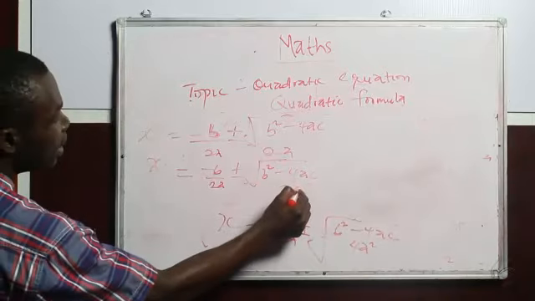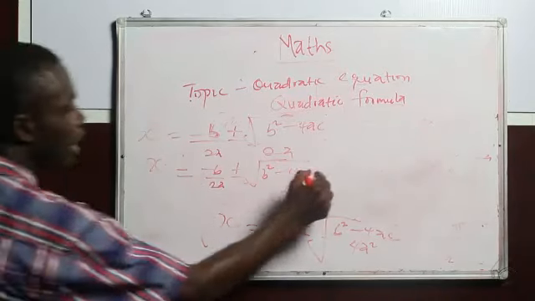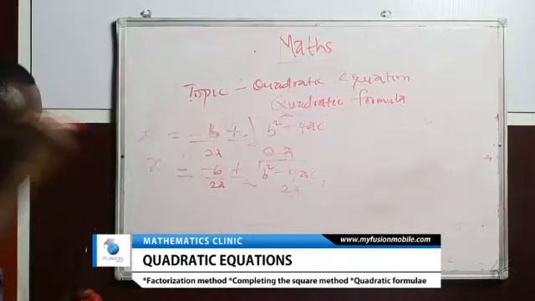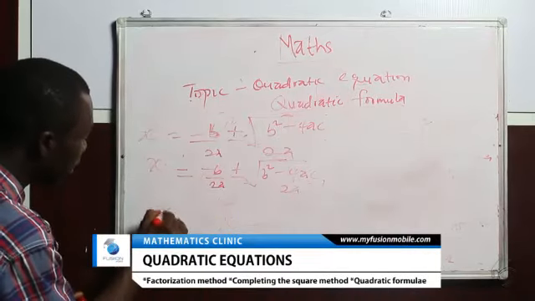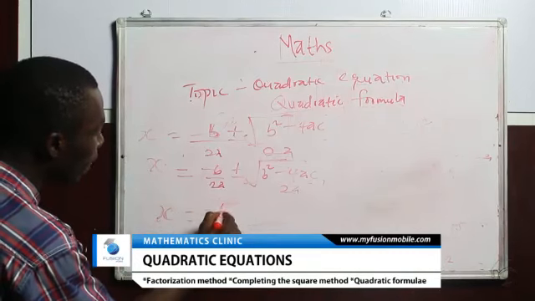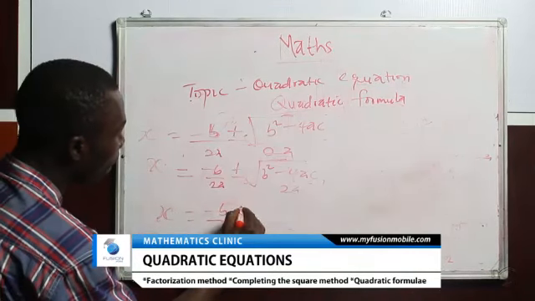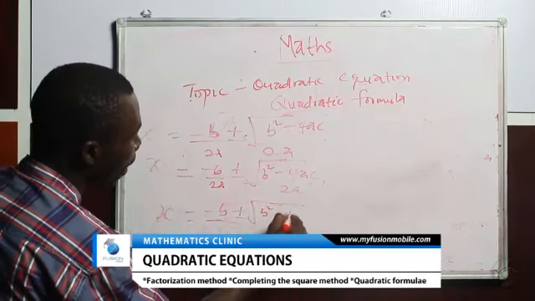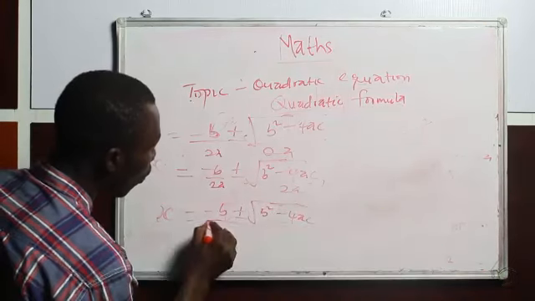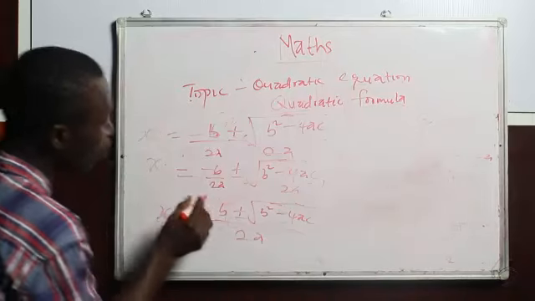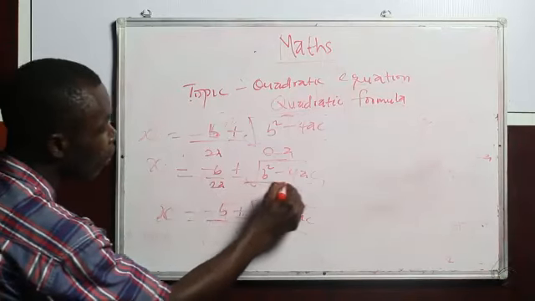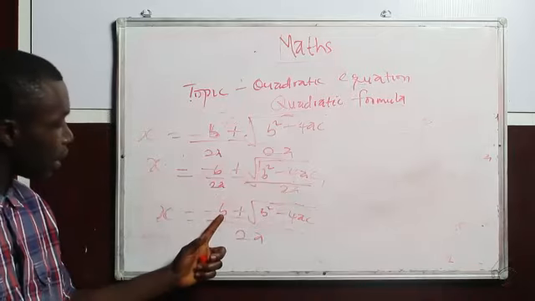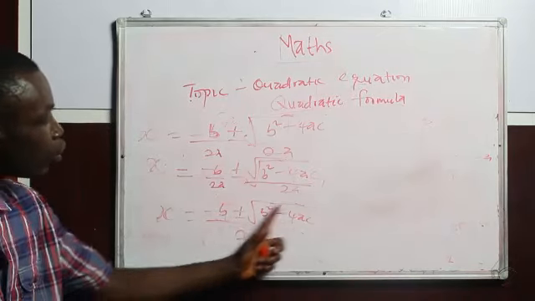Because they have the same denominator with this, therefore our x is equal to minus b plus or minus root b squared minus 4ac all over 2a, because they have the same denominator.